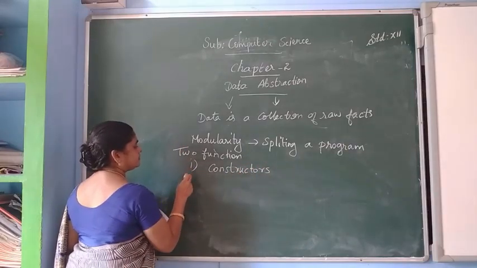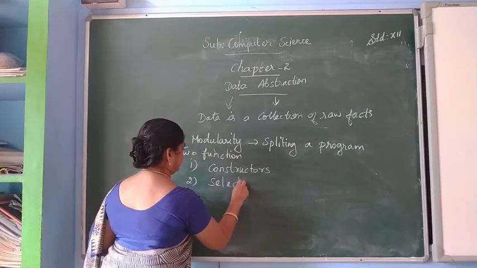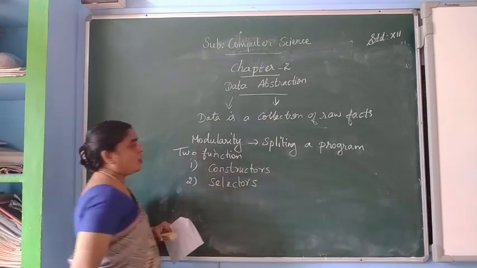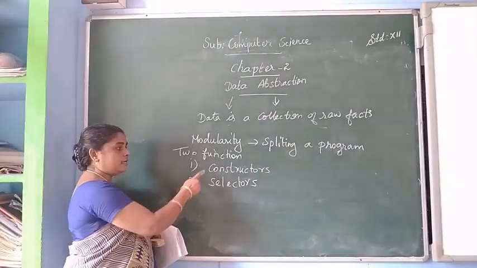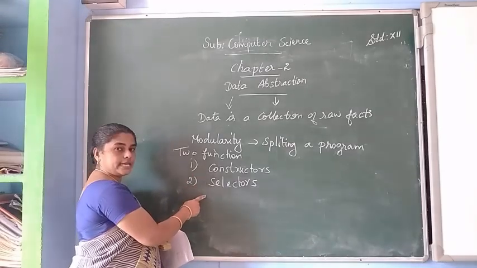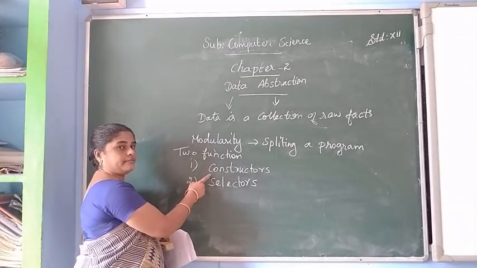Second one, selectors. What are the two functions used to facilitate an abstraction? Constructors and selectors. These constructors you have studied in 11th standard, isn't it?